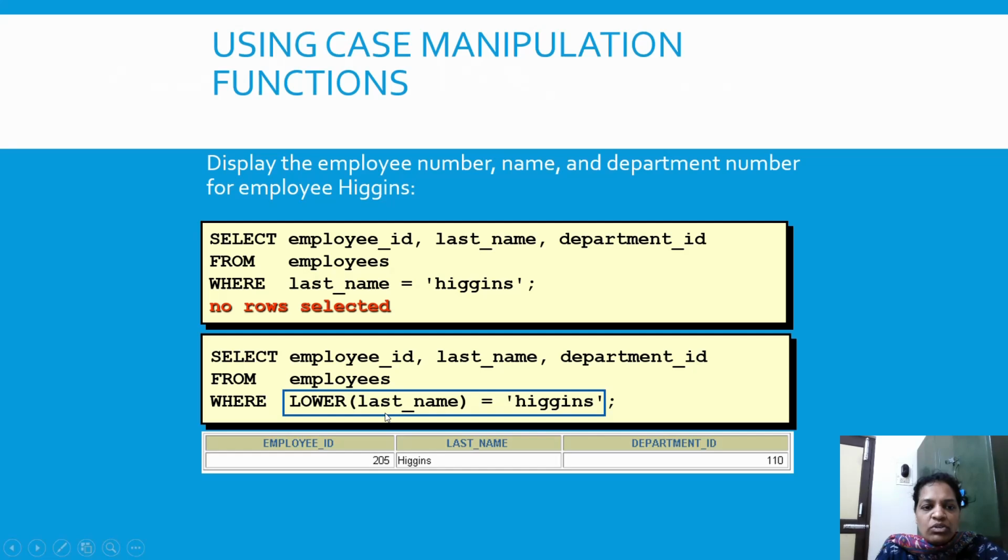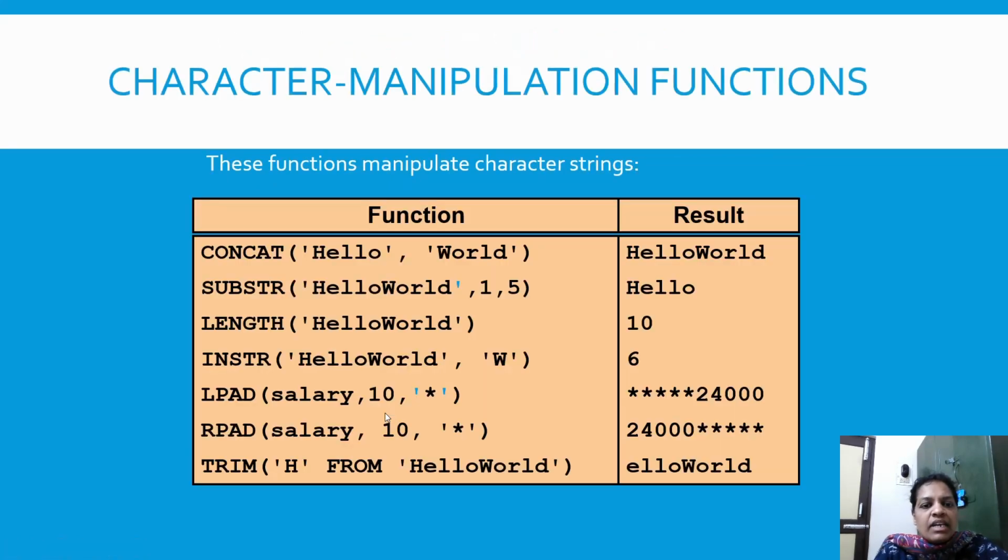So the beginning position is 1, and how many characters should display? 5. So these 5 characters will be displayed: Hello. Then LENGTH, if you want to find the length of the string, will be displayed here. We will get this as a result.